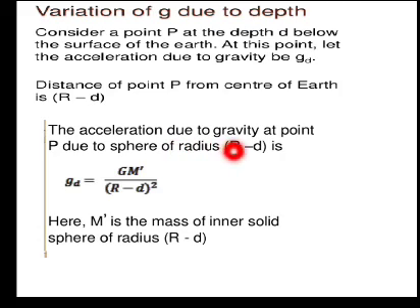The acceleration due to gravity at that point P due to the sphere of radius R minus d will be given by this equation, gd equal to GM upon (R minus d) square, as we studied. Here M is the mass of the inner solid of Earth's sphere of radius R minus d, and it goes on decreasing with increasing depth.